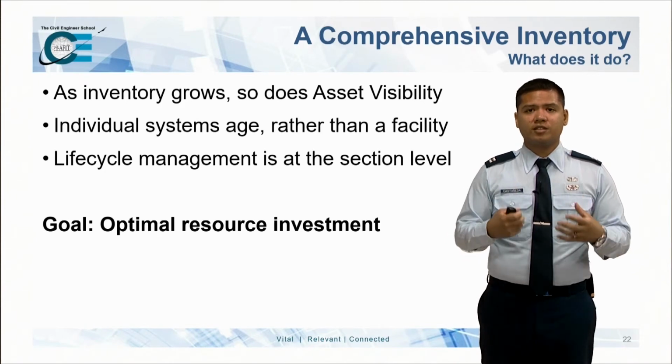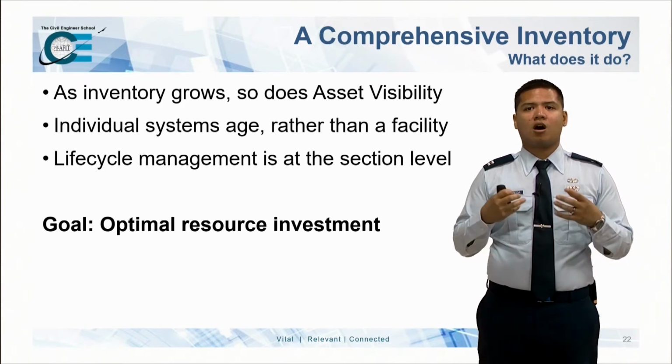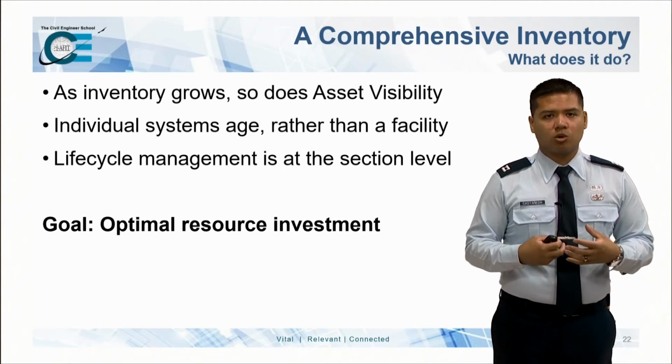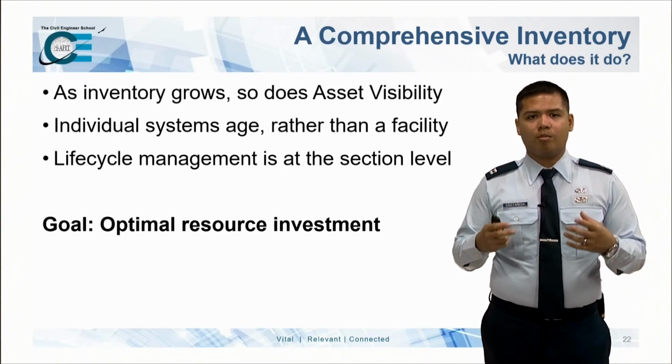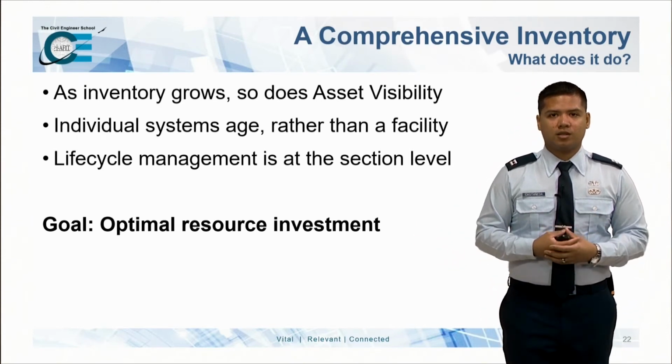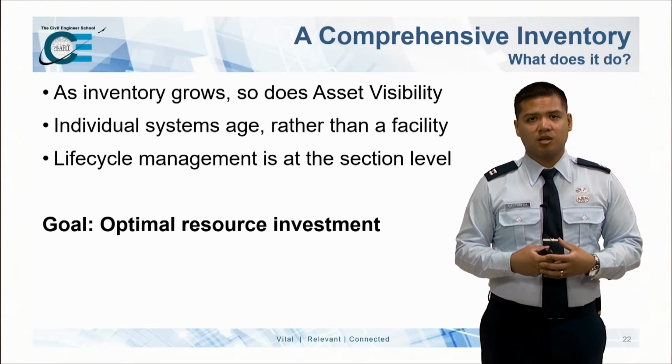So with asset visibility, it's very important that we have a comprehensive inventory. When we have a comprehensive inventory, we're able to get to this goal of making optimal resource investments, optimal resource decisions. Okay?